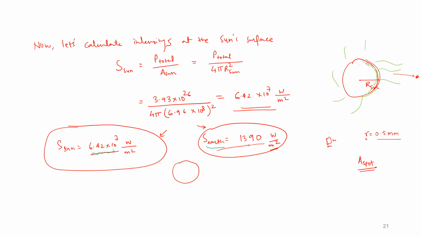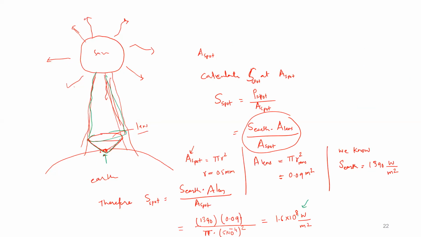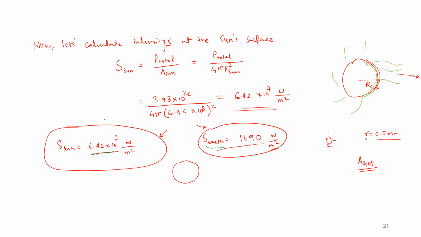Can we compare this number with the intensity of the rays at the sun, which is 6.42 into 10 to the power 7 watt per meter squared? So approximately of the same order. This is the intensity of the EM waves at a spot on the earth, and this is the intensity of EM waves at the sun's surface.